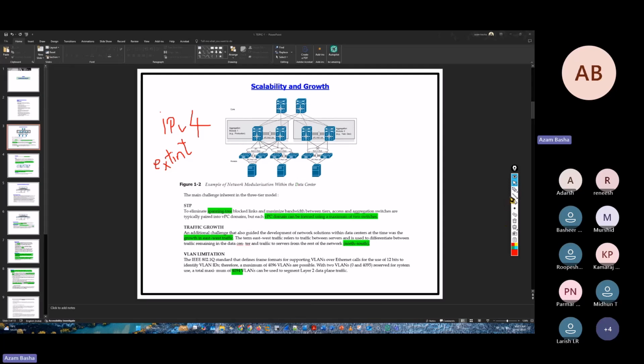Does anyone know that IPv4 is no longer sold, the public IP? Does anyone know here?